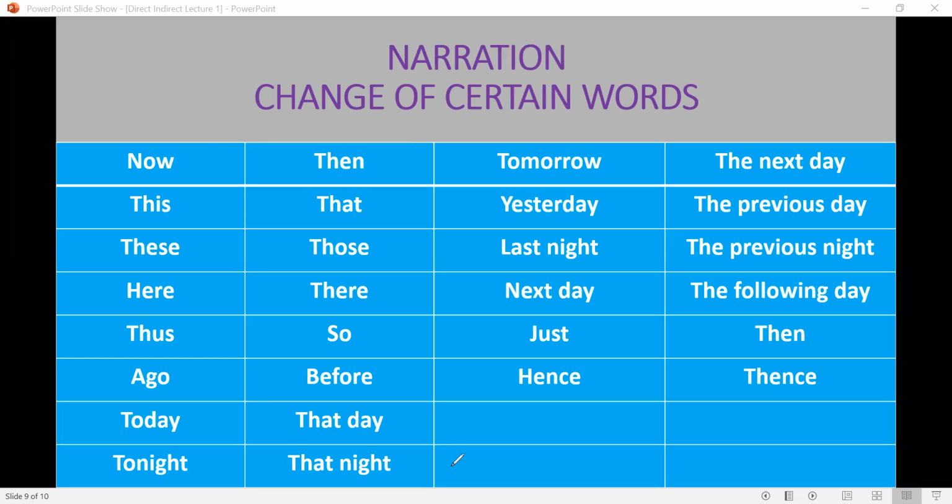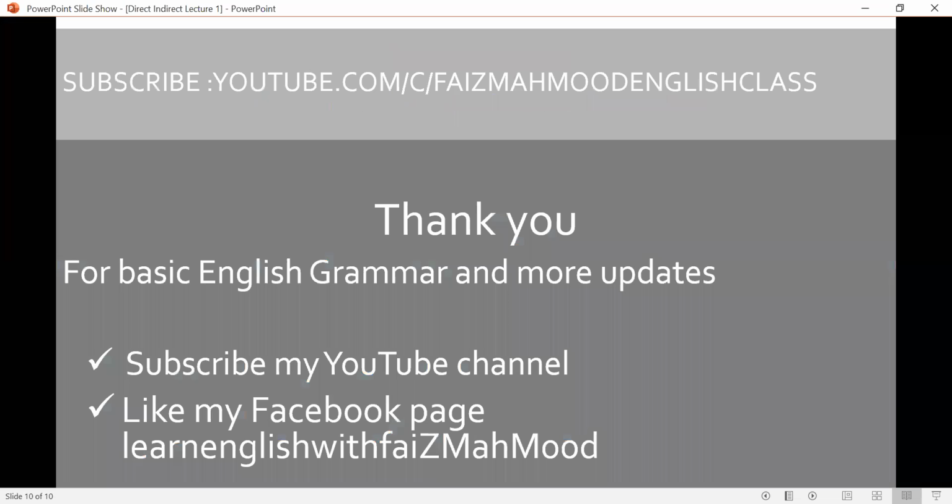If the reporting speech is in present or future, the tense of the reported speech will not change. However, the words and person will change. If the reporting speech is in past, I have explained in previous slides in which tenses they will change.